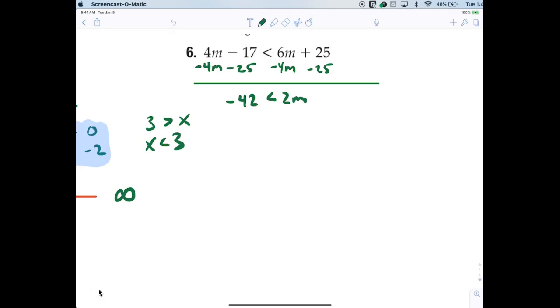Come on, guys. Not yet, I haven't isolated. Everybody, we're dividing by 2. And so negative 21 is less than m. So what does that make m in relationship to negative 21? M is greater than negative 21.